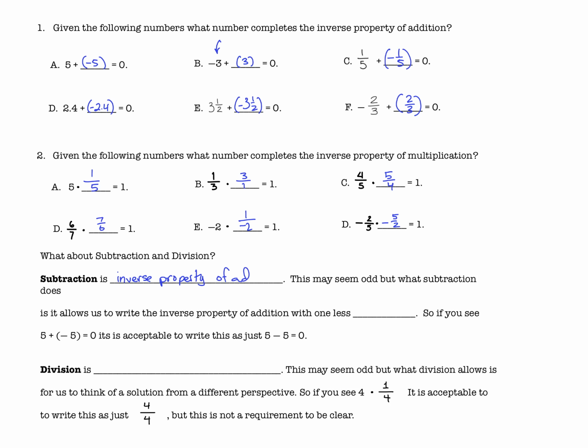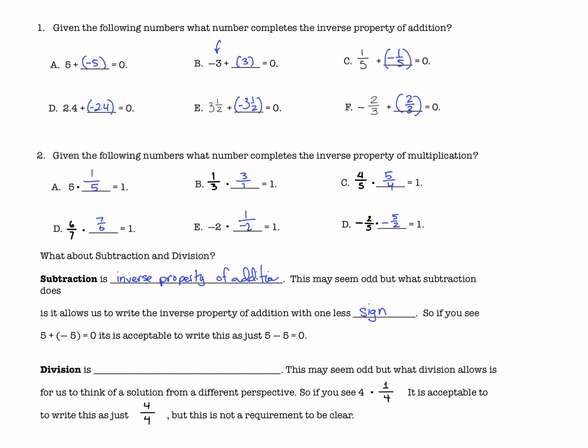So when we have subtraction, you'll see your teacher just write a minus sign. So if you see 5 plus -5 equals 0, it's acceptable just to write 5 minus 5 equals 0.